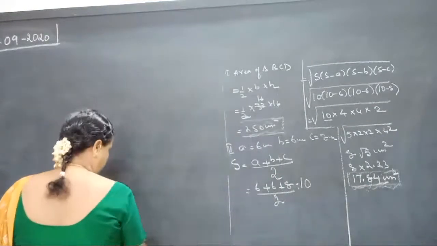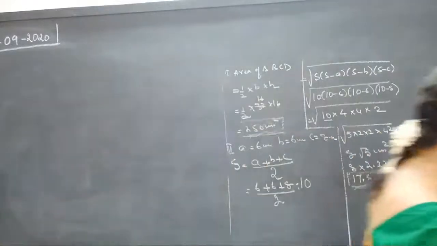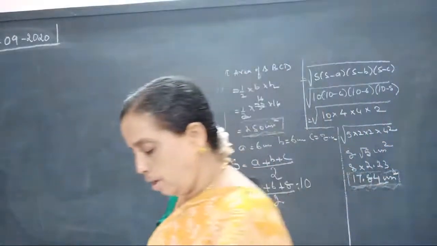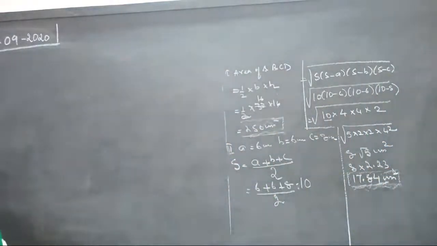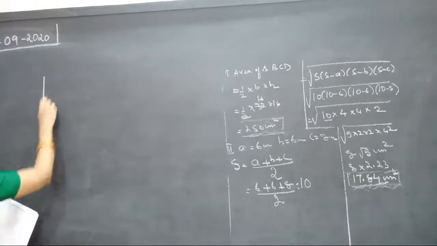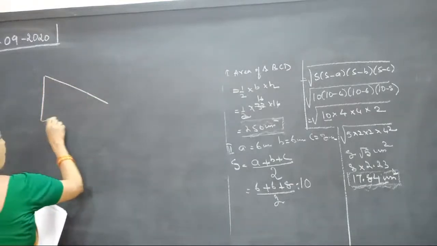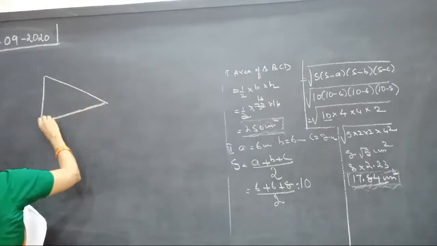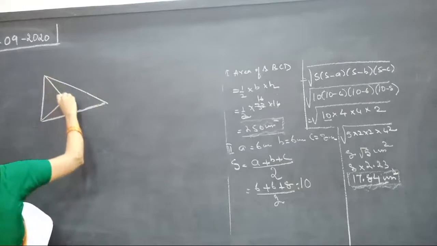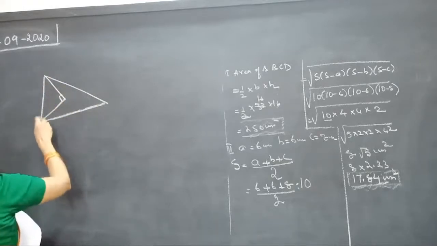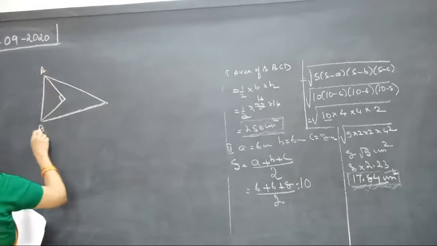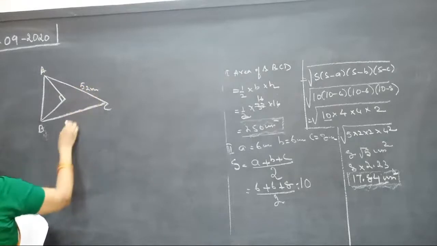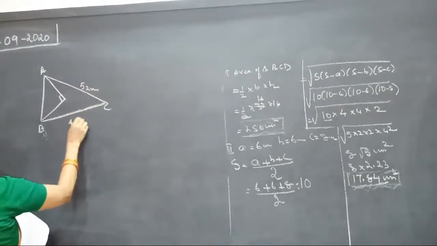Here, like the worksheet question, here also you have to find the area of the shaded region. Get the question: find the area of the shaded region, and the figure is like this. Take the figure.